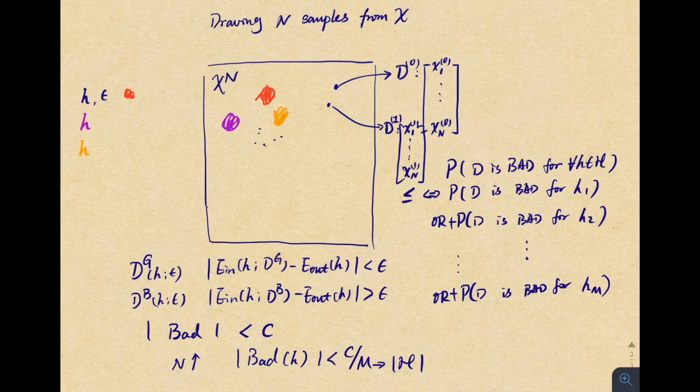And by the Hoeffding inequality, for each of these individual hypotheses, we can bound the chance by C divided by M, and then when we sum all this over, we have the total chance of D being bad for any of the hypotheses in H smaller or equal to C.